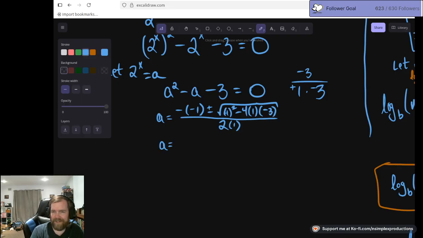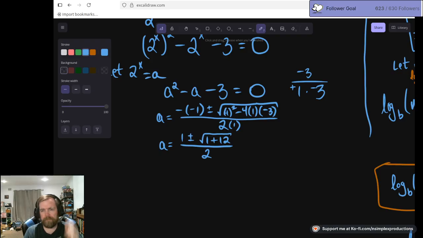1 plus or minus the square root of 1 plus 12. So we get the square root of 13 all over 2 there. One plus or minus the square root of 13 all over 2. Okay. Now when we do this, we're going to have to look at this and say, can we get any of these values as 2 to a power?